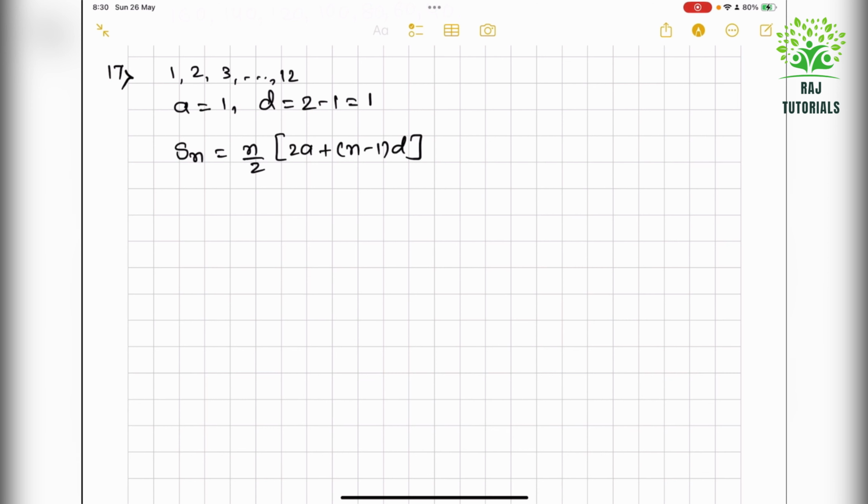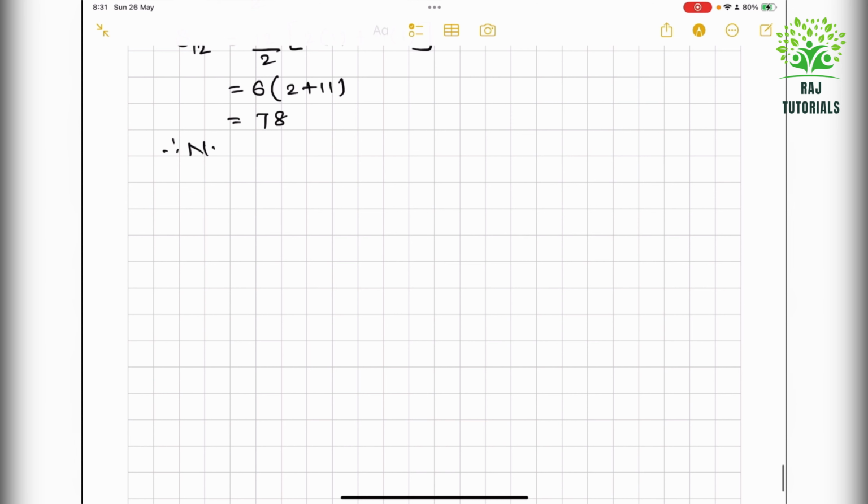Now here there are 12, S12, so 12 by 2 into 2 into 1 plus (12 minus 1), 11, into d is 1. So 6 into 2 plus 11, so 78.